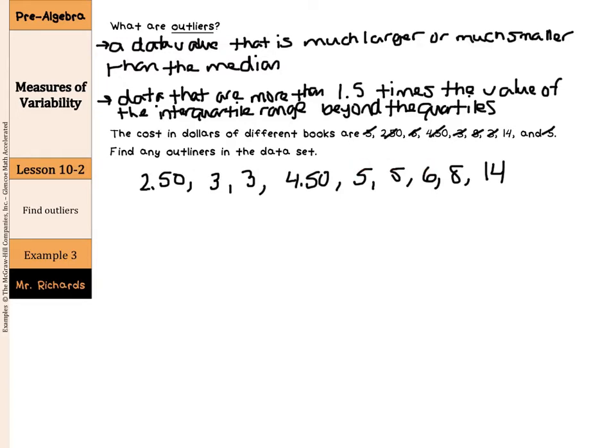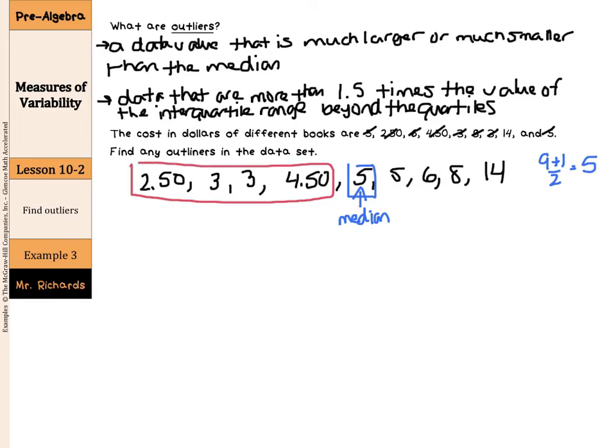So to find the median, we could always go, all right, it's my 9 plus 1 divided by 2 term, which is going to be my 5th term. So 1, 2, 3, 4, 5. My median is going to be 5. Next, I get to find my quartiles, so I have my lower half of the data. And the median here is going to be between the second and third there, so it's just going to be 3.